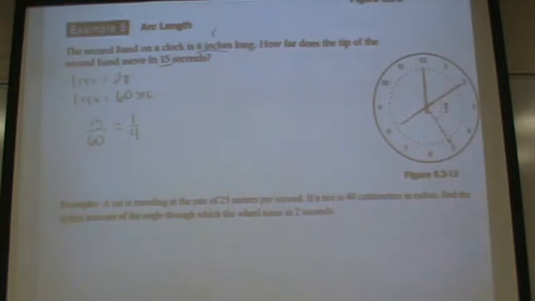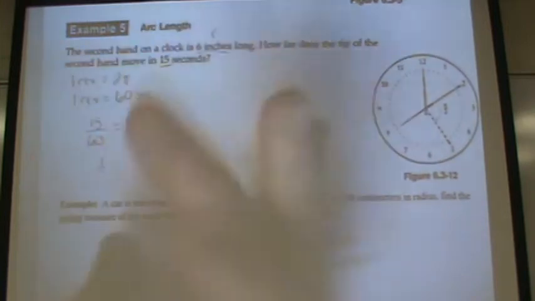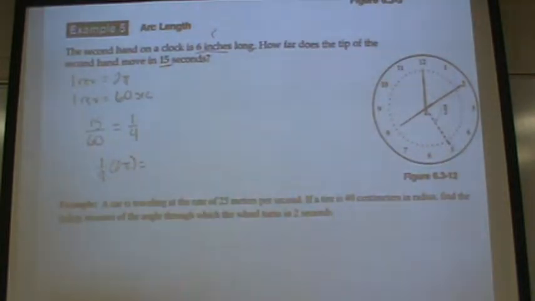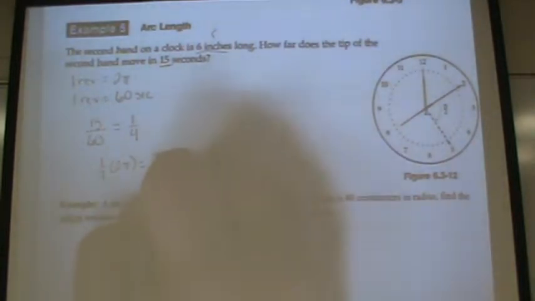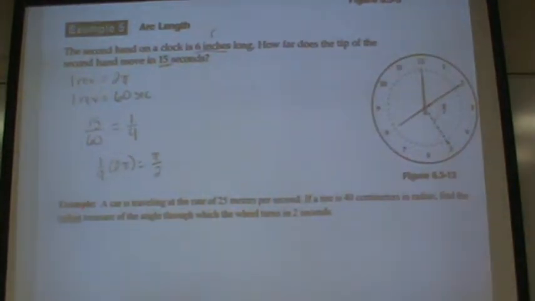So now we need to get that into our radians. If we've gone 1/4 of a circle, we're going to multiply that by the 2 pi, and we've gone pi over 2. So that's our angle for theta.